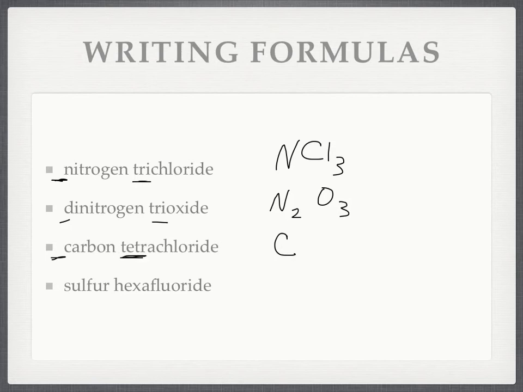Tetra is the prefix for 4, so we've got 4 Cl, so CCl4. And the last one, sulfur hexafluoride, we'd have sulfur, 1, and fluorine, 6. That's all you have to do. Pretty straightforward to write these formulas. A little more complicated to name them, but easy to write them.